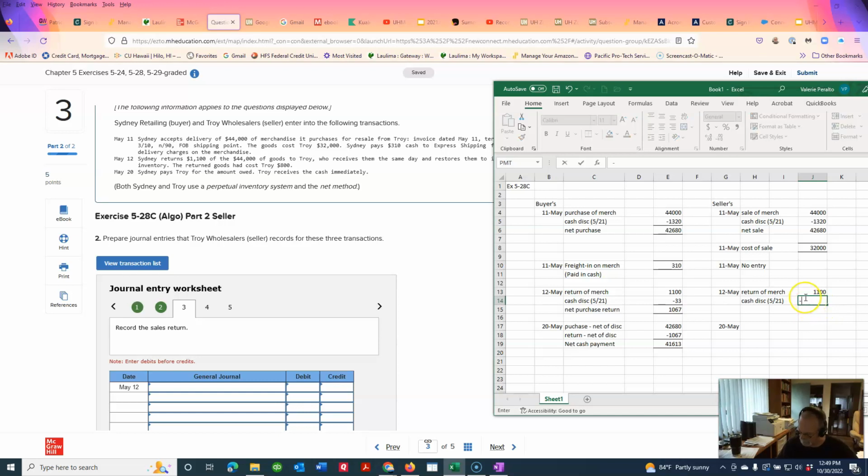So our cash discount is the same 3% on the 1,100, and the difference is our net sales return.